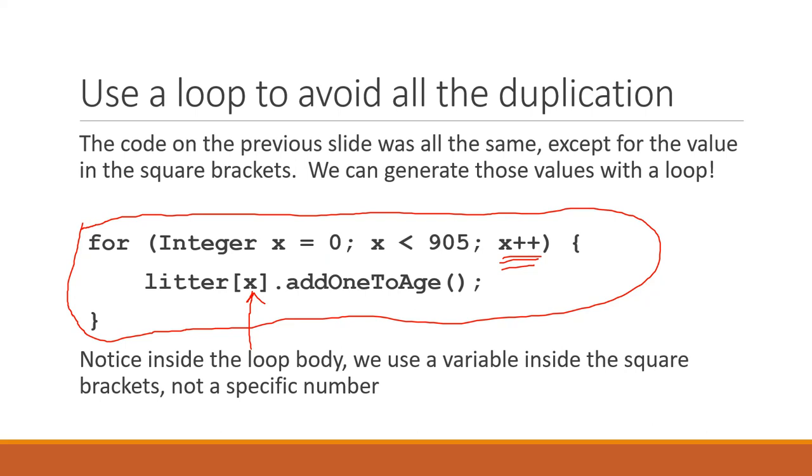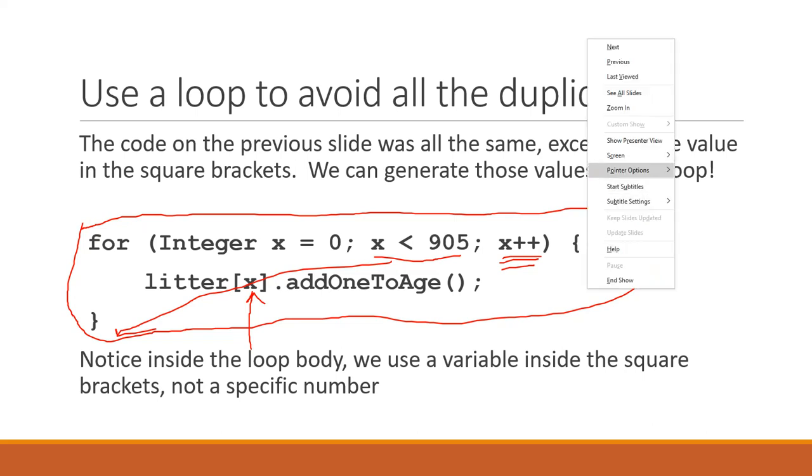And then when I say x plus plus, x is now 905. 905 less than 905 is false, and I drop out of the loop. I exit the loop. So I have one statement that is calling add 1 to age for an object, and I execute that 905 times.